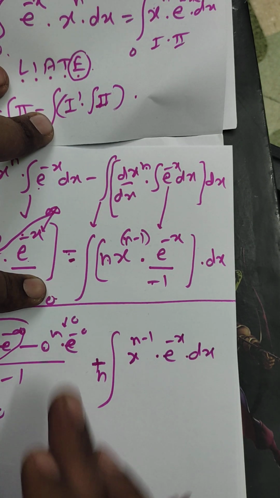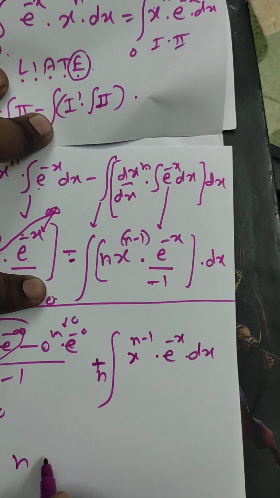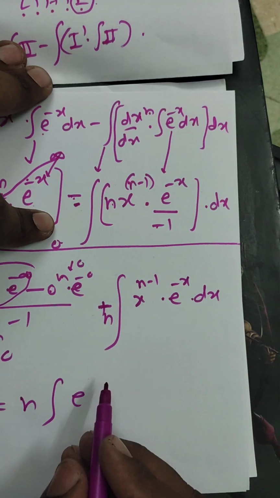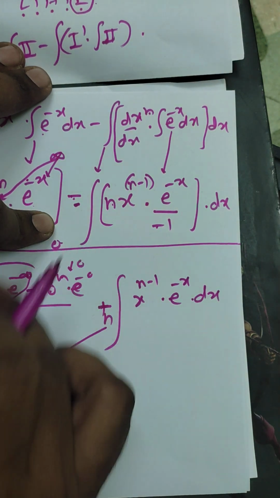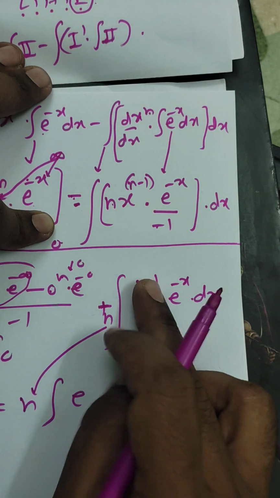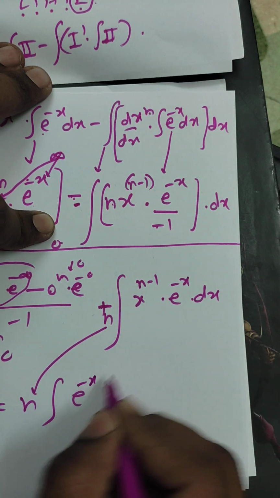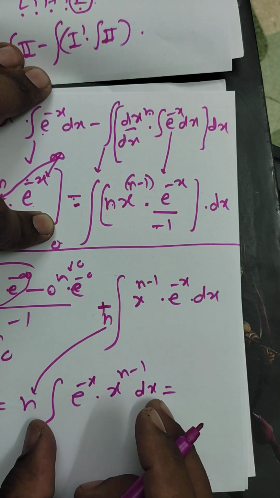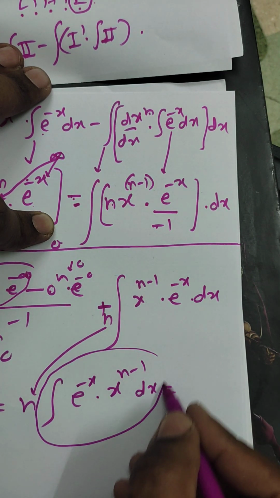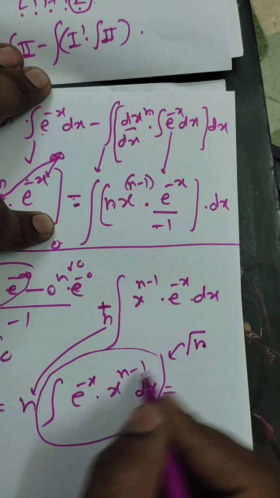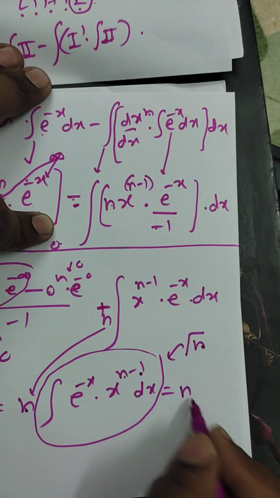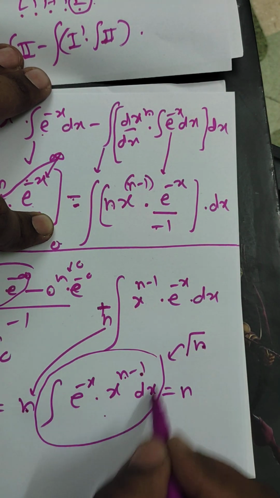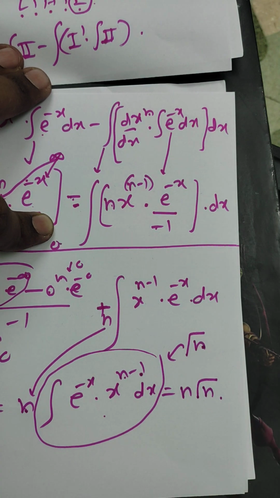Now this is 0, leave it, and n is as it is, so we get n times the integration of e raised to minus x into x raised to n minus 1 into dx. And we know this is the basic definition of gamma n. Whenever it is n minus 1, with n outside as it is, this is nothing but gamma n. So n into gamma n, hence proved.